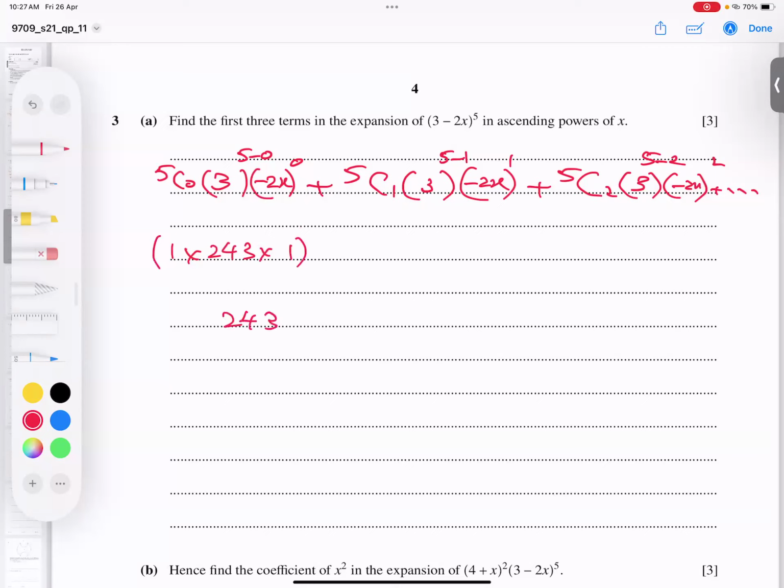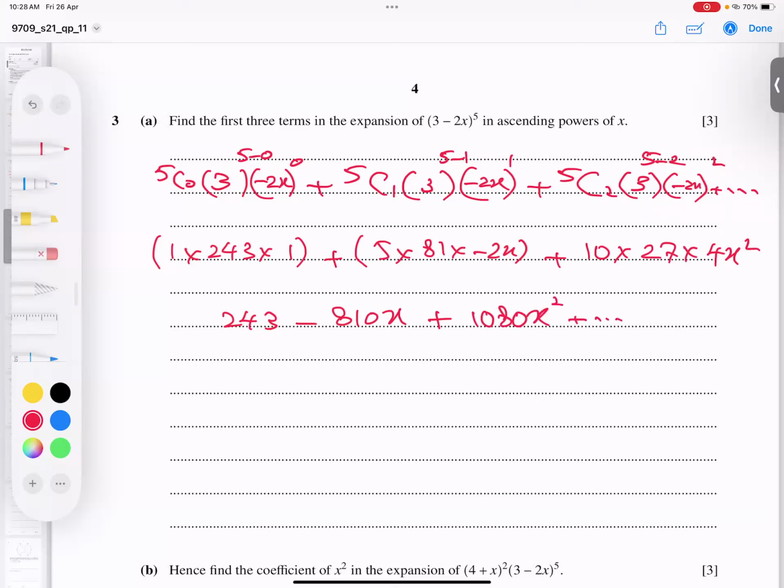Finally, I get 243 from here. 5C1 is 5, and 3 to the power 4 is 81, with negative 2x. 5 times 81 becomes 405, times 2 is 810. 5C2 in the calculator gives 10, and 3 to the power 3 is 27, with the square of 2 and the square of x, and the negative becomes positive automatically. 27 times 10 is 270, times 4, I get 1080 x to the power 2.